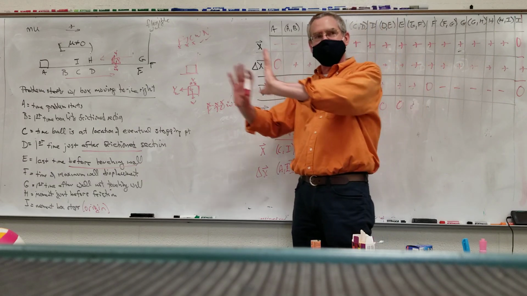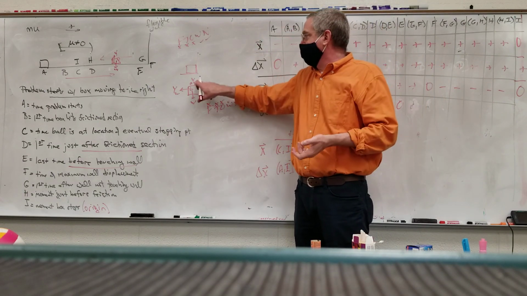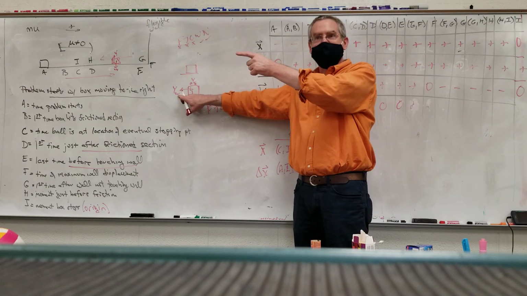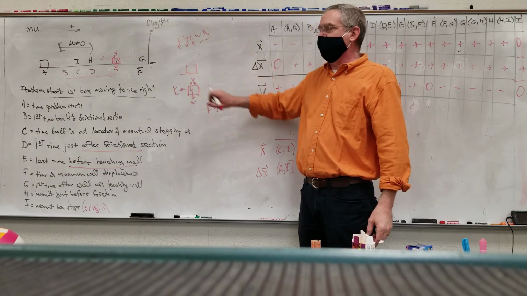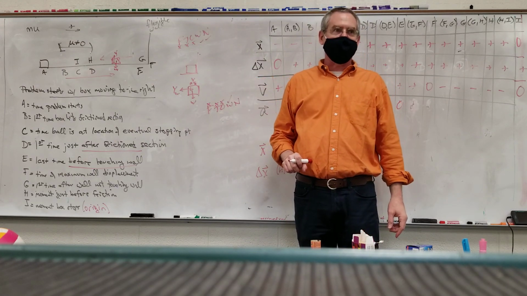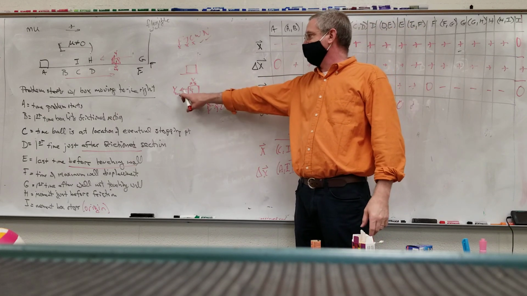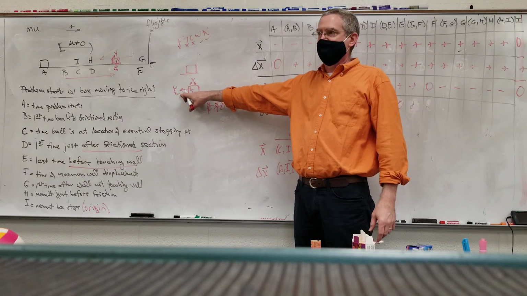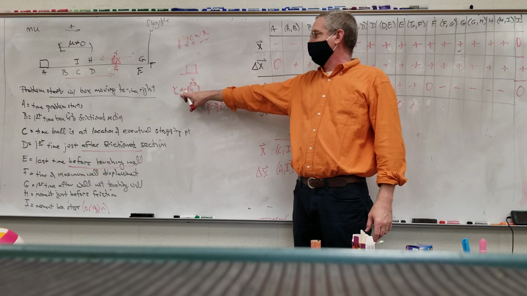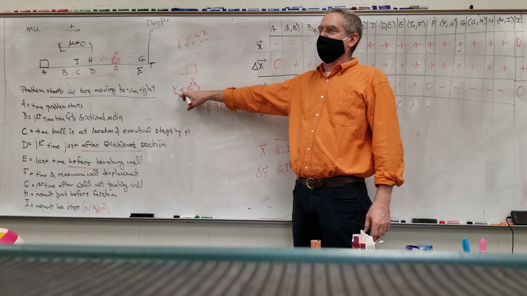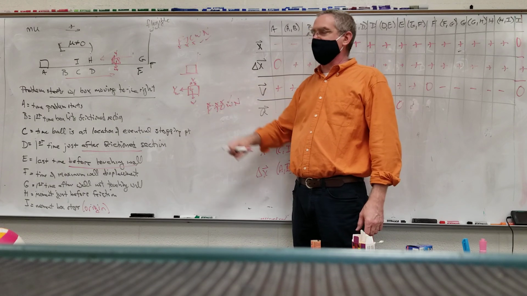So the wall is pushing, the ground is pushing up on it, and the wall is pushing to the left on it. Now the weight and the normal force presumably are balancing each other out, so the net force up and down is zero. But there is this force right here. What's the direction of the acceleration?